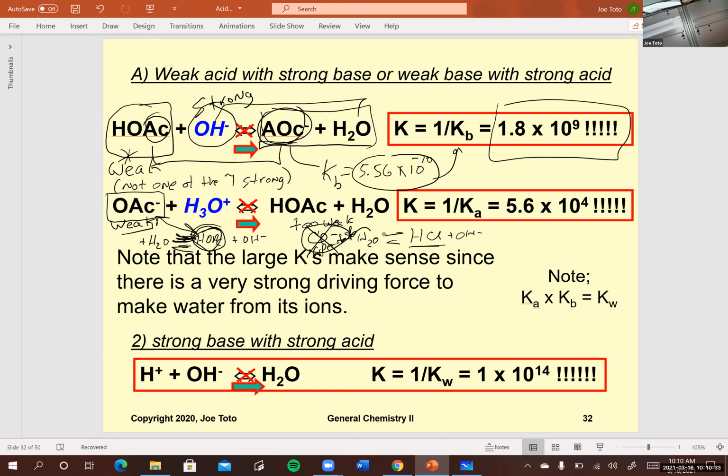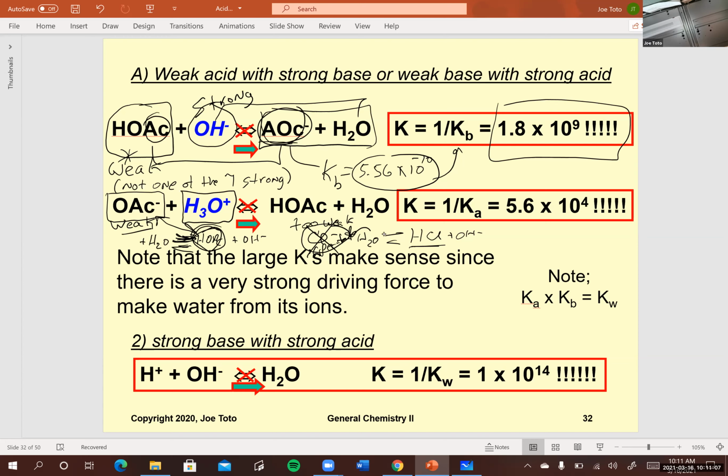It's not a metal hydroxide. So you have to remember all the stuff that we talked about before to really appreciate what's going on here. I think we pretty much pegged what this acetate anion is. It's a weak base. It's the weak conjugate base of acetic acid. So that's weak. All right, now I have it reacting with this.